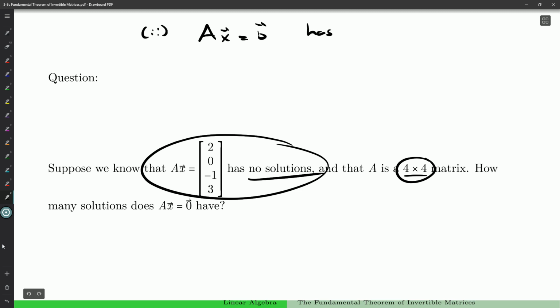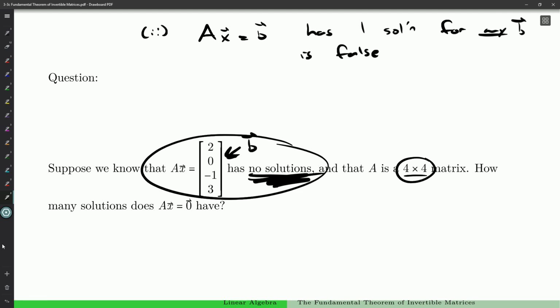Statement 2 says that any Ax equals b has exactly one solution, no matter what b you pick, right? So this is clearly false, because here's a specific b where Ax equals b doesn't have exactly one solution. It has no solutions, right?